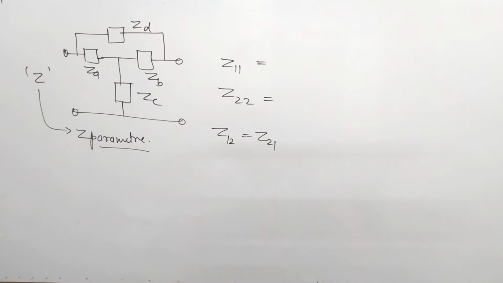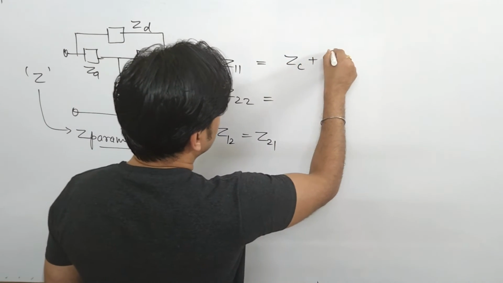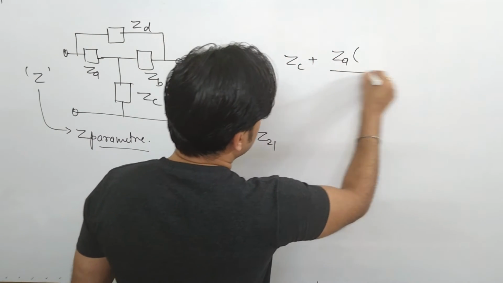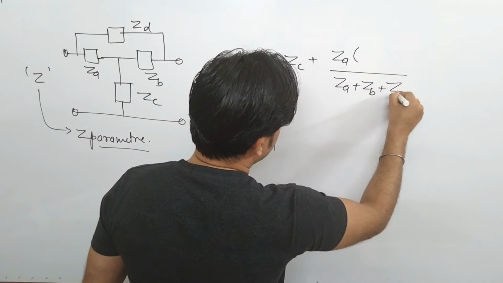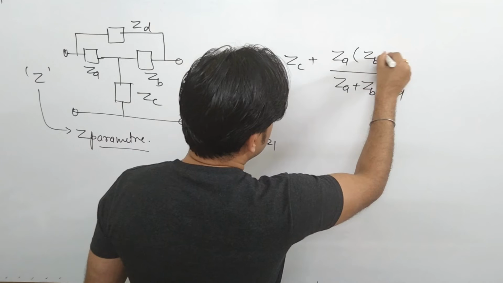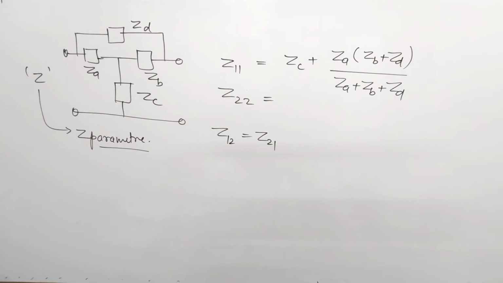So here I am directly writing the solution for Z11: it comes to be ZC plus ZA into (ZB plus ZD), divided by ZA plus ZB plus ZD. This you have to keep in your mind.